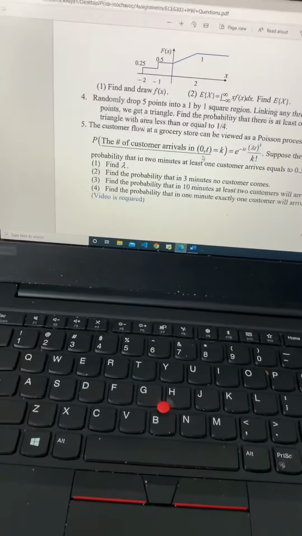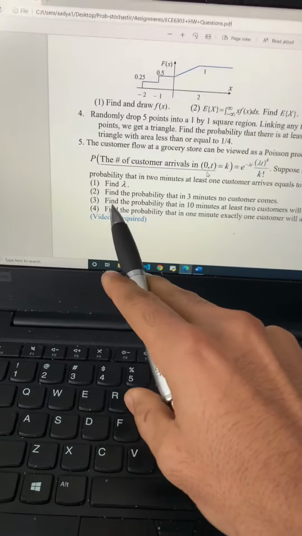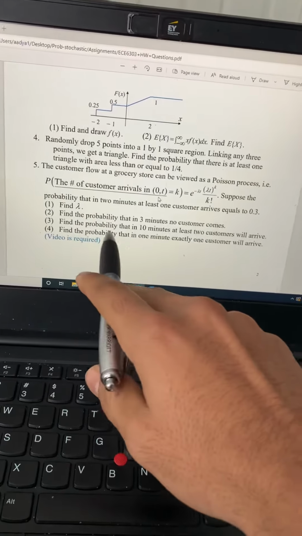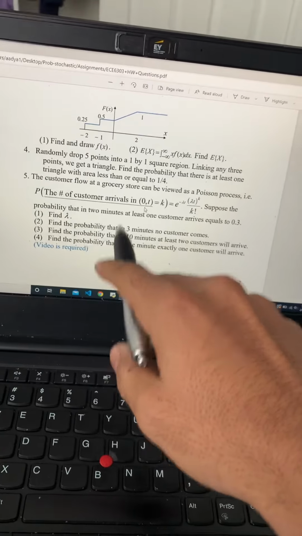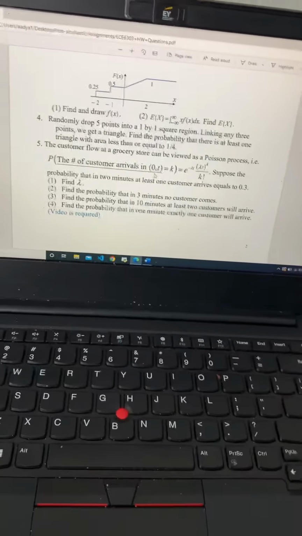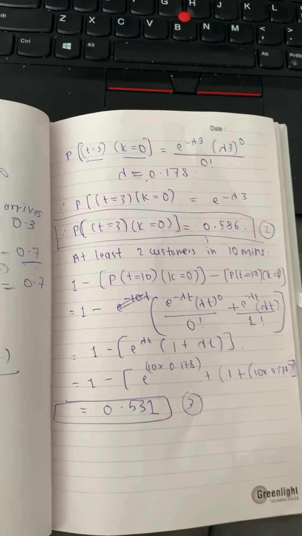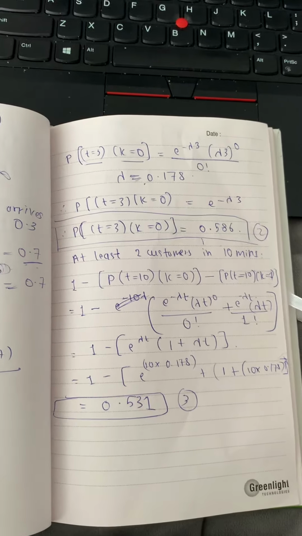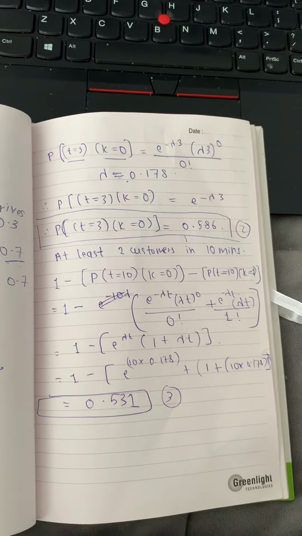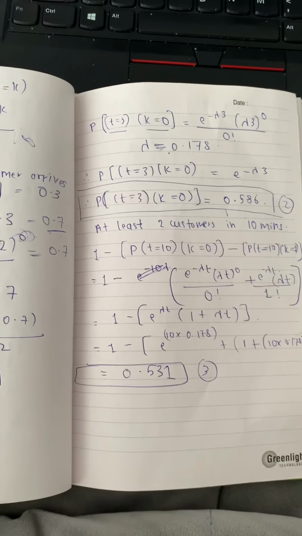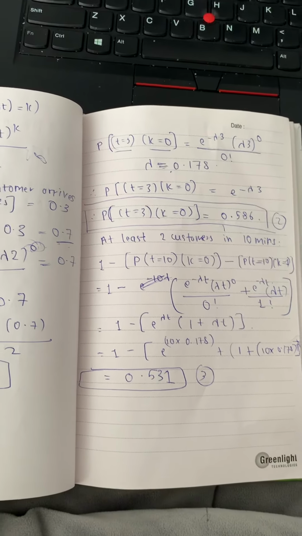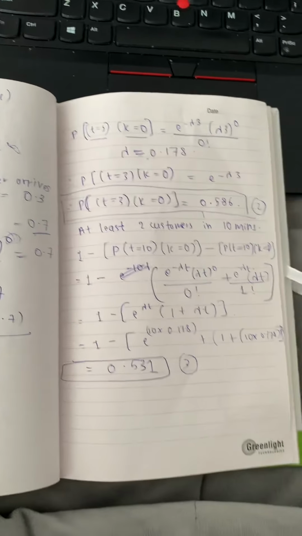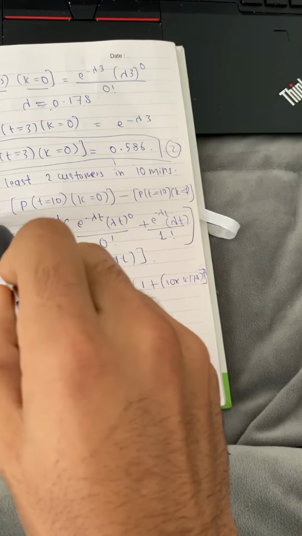So this was easy. For the next part, we have to find the probability that in 10 minutes at least 2 customers will arrive. When we have to find at least 2 customers, from 1 we can subtract the probability of 0 customers and of 1 customer.